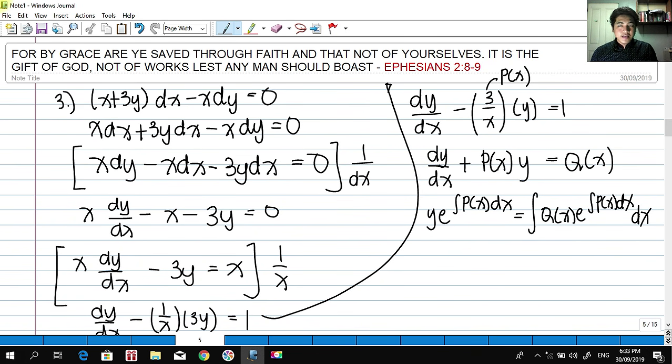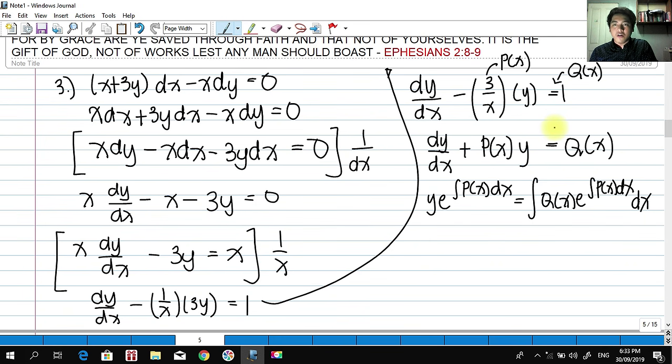By the way, this is our q of x, the 1 here. So q of x can be a constant, because we have written already the DE in this form. So we have y multiplied by e raised to the integral of negative 3 over x, that is our p of x, including the negative, dx, is equal now to the integral of q of x, which is 1, multiplied by e raised to negative 3 over x dx.